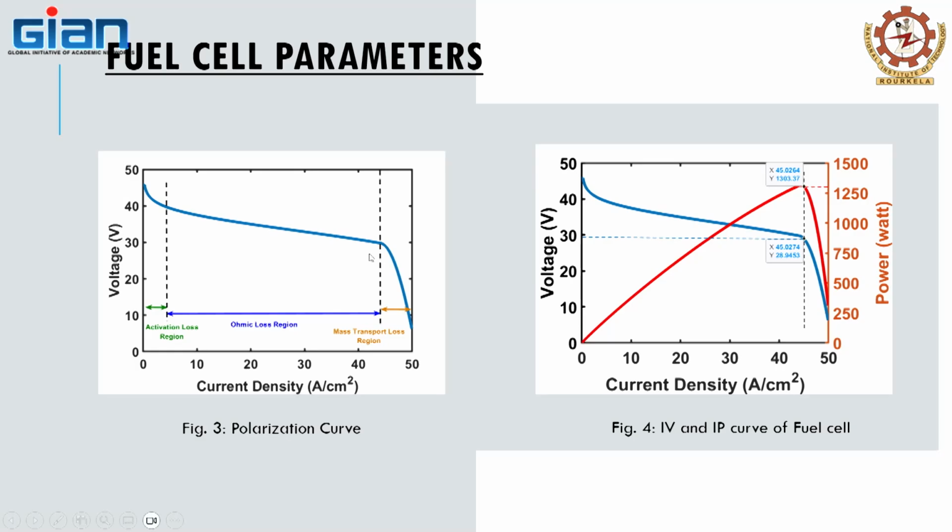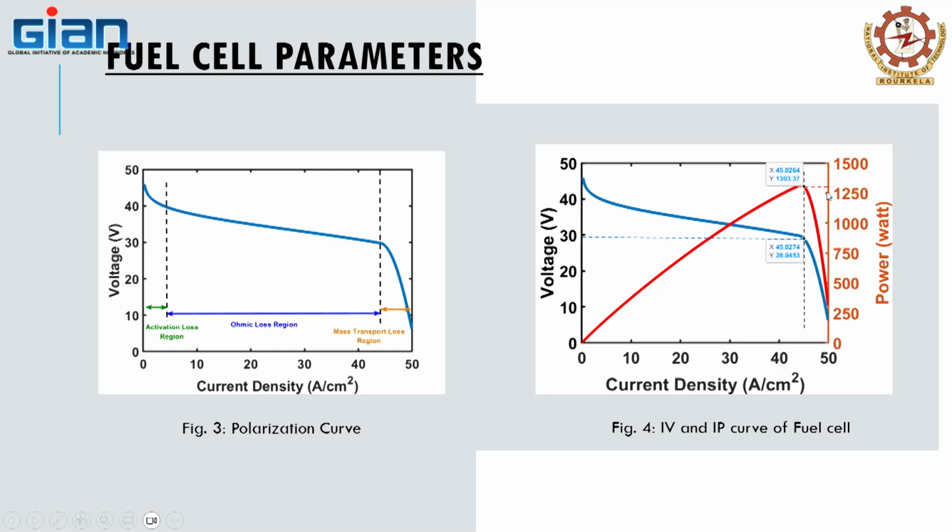And the right side figure represents the voltage versus current density, and the current density versus power. The left side y-axis represents the voltage with respect to current density, and the right side y-axis represents the power.